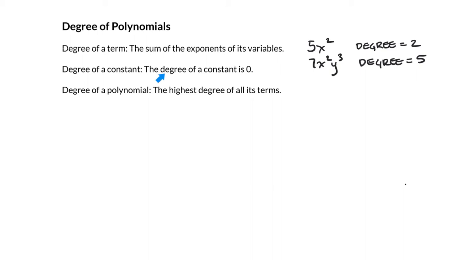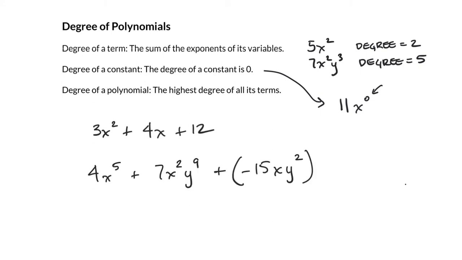The degree of a constant, as I went over in the first slide, is 0. So if we looked at, say, 11, that's like 11x to the 0. So the degree of that would be that 0 right there. All right, I've added a few polynomials down here.